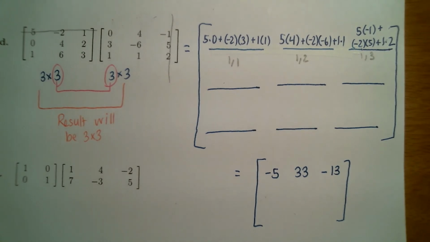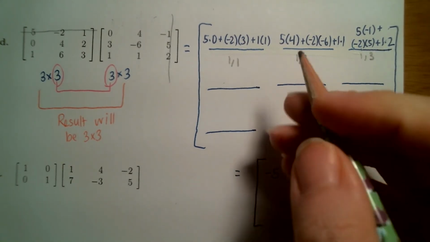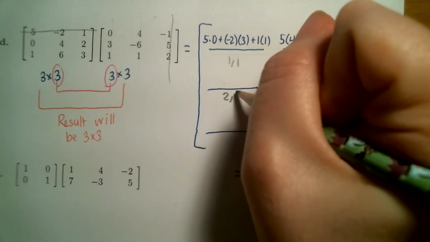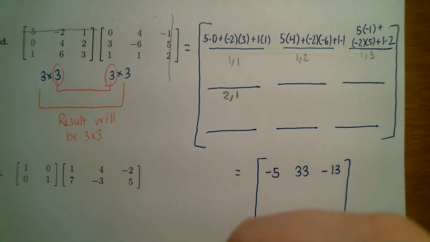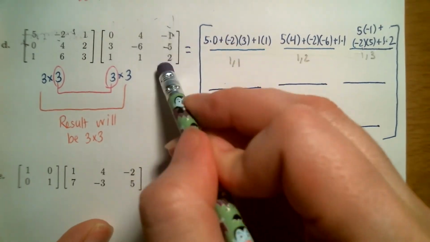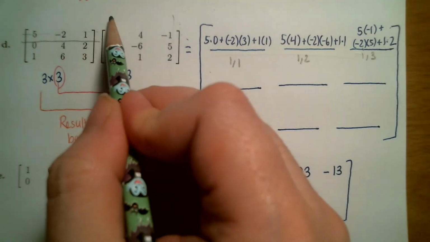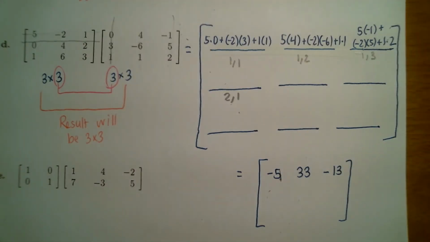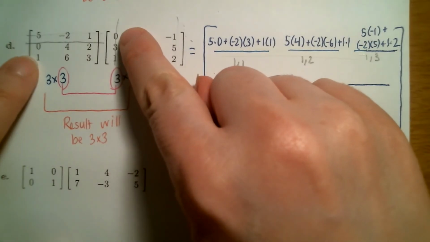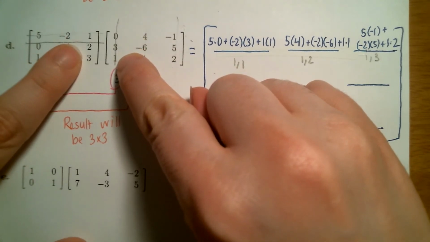Let's move on to our next row. So now we're going to fill in these 3 positions. This is the second row, first column. So we need to do our dot product of our second row, first column. So it's going to be 0 times 0 plus 4 times 3 plus 2 times 1.